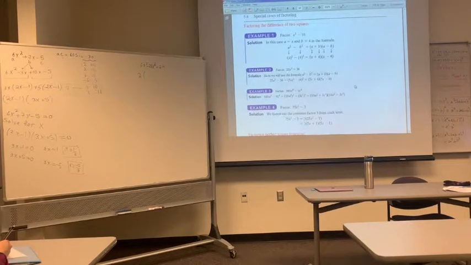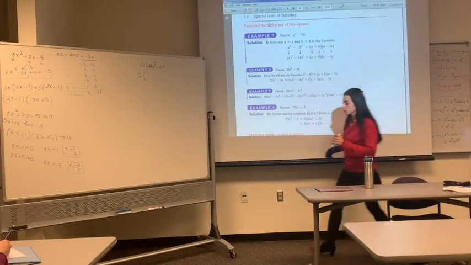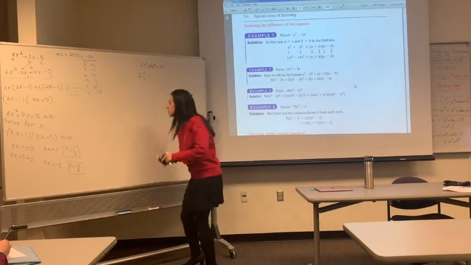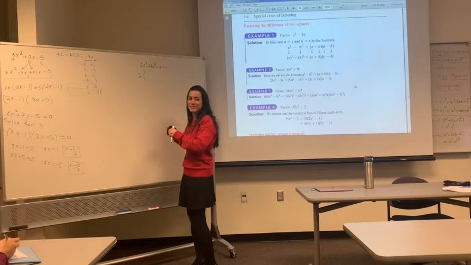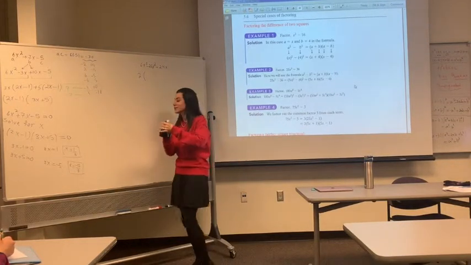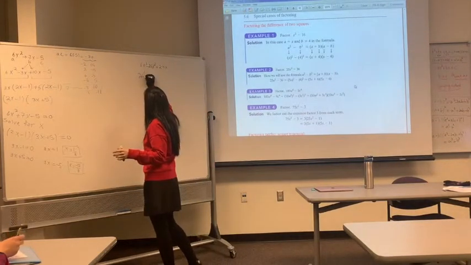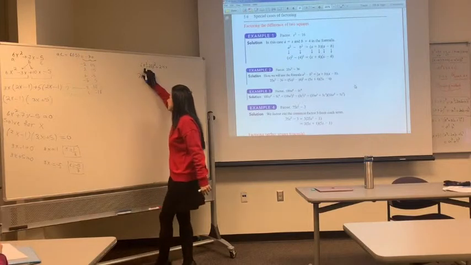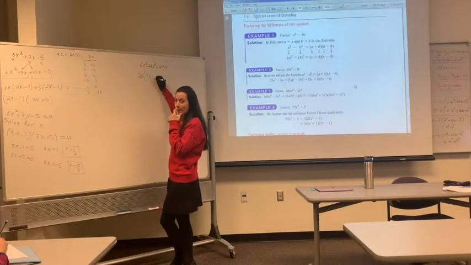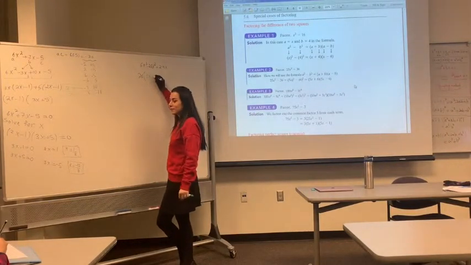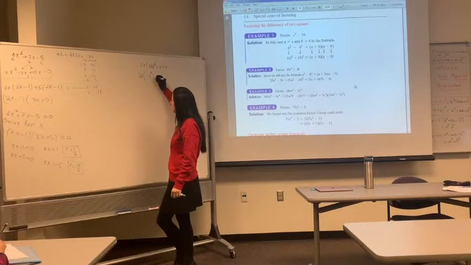So what is common if you have 24x? 2x is common. So 6x to the power 3 divided by 2x is 3x squared.